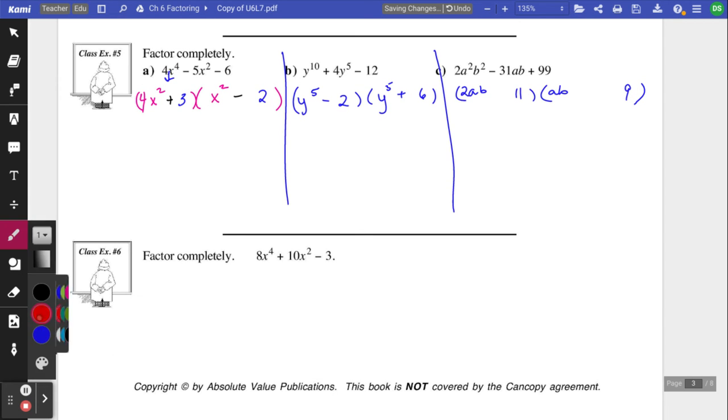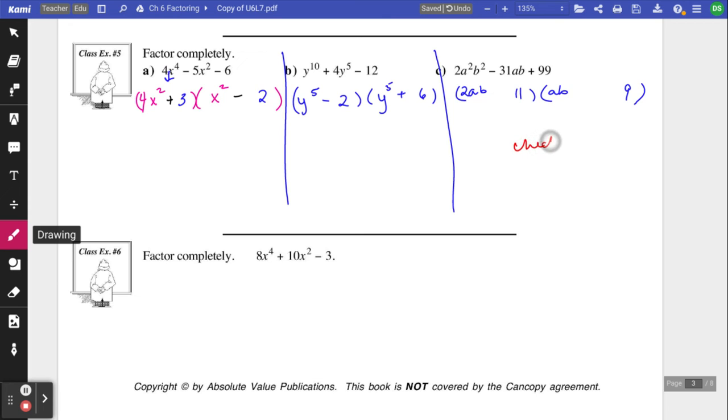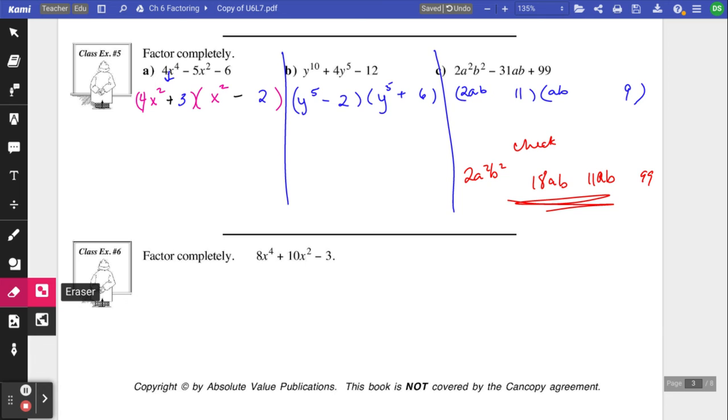I got to go get my pen down here. I got to check it out. So I'm going to write a check here so I remember this is not the answer. Okay, so I get 2AB squared, A squared, B squared. I get 18, and then I get 11 and 99. Do these two work? 18 and 11, can that get you 31? Okay, what if I just switch the 9 and the 11 around?